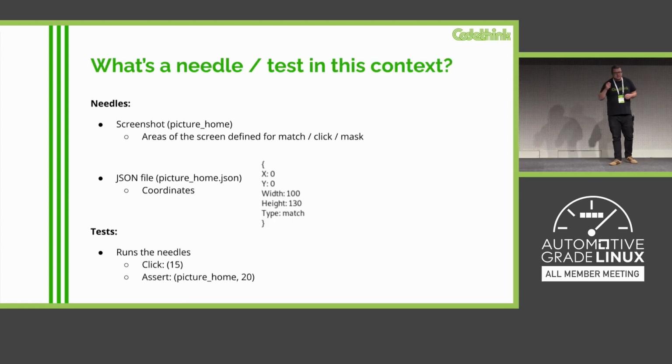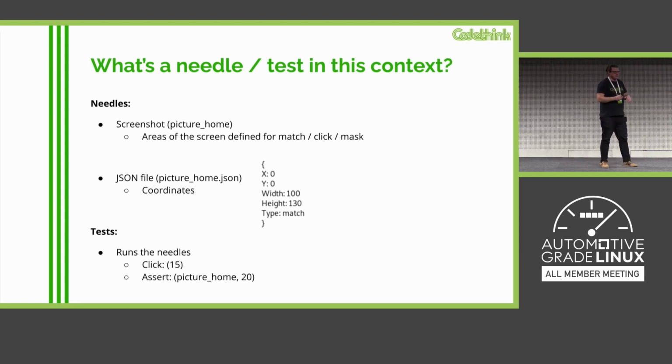So needles and tests, very quickly. It's a really important aspect of OpenQA. There's not just the tests, but there's needles as well. A needle is a screenshot of the UI that you expect to see, and then also a JSON file which has all the coordinates of that. And it's quite clever. You can do things like mask a certain part of the screen so that in the bottom left or whatever there's a clock, and you know the clock is going to change time, and you don't want that to fail the test.